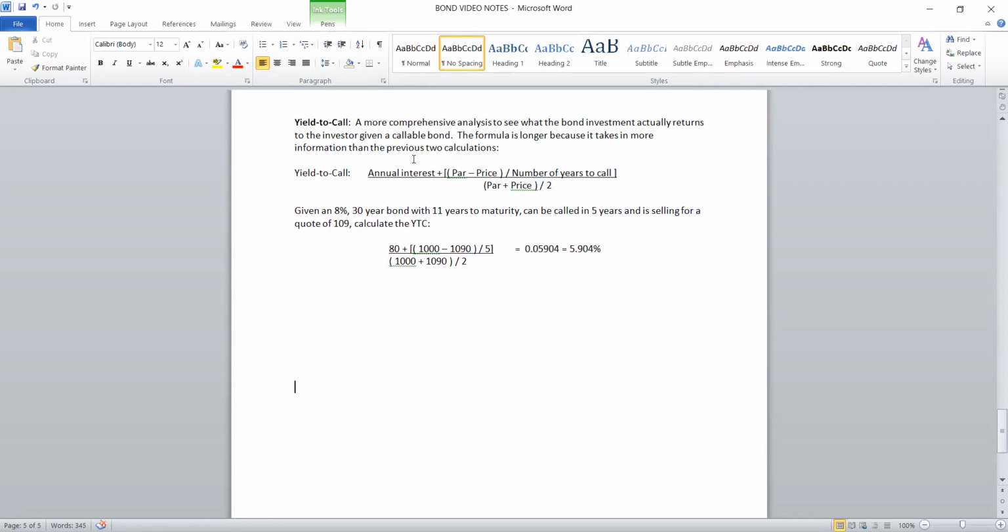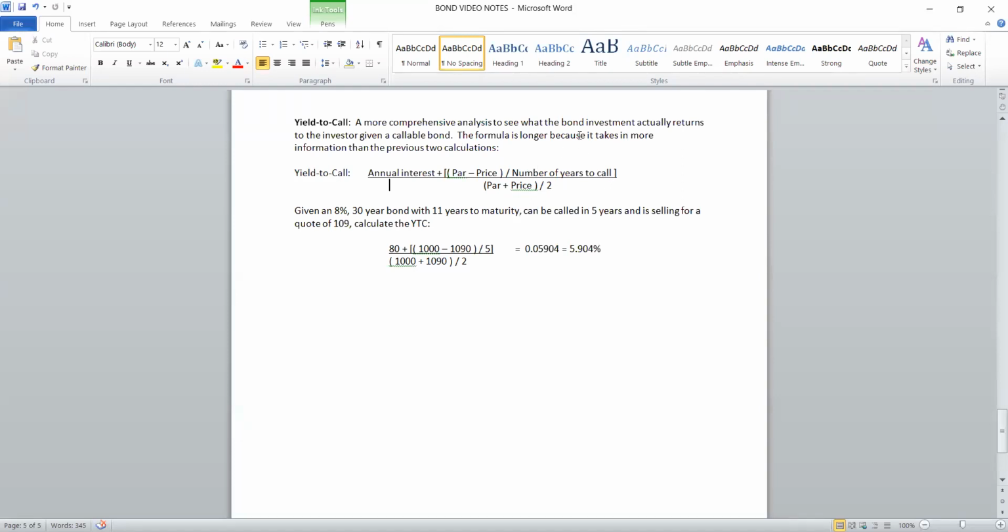Okay, my bad on that, I've got to change that. All right, yield to call: you're noticing that the formula is exactly the same as yield to maturity, except you're not putting in years to maturity, you're putting in the number of years to call.